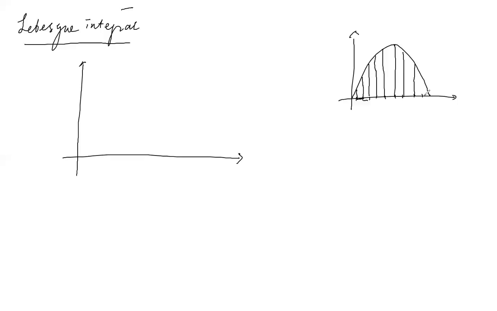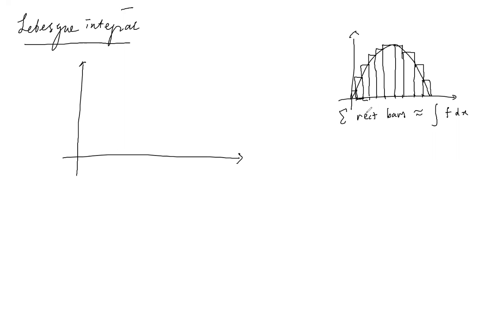The idea is to use approximation: the sum of the rectangular bars approximates the area under the curve.